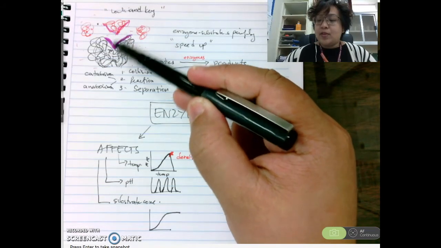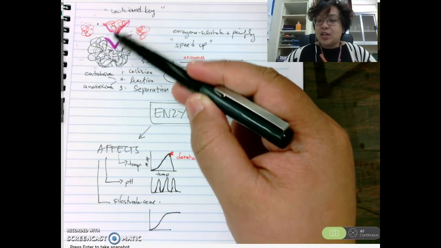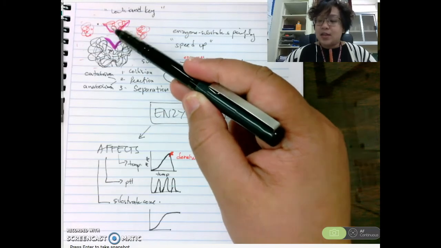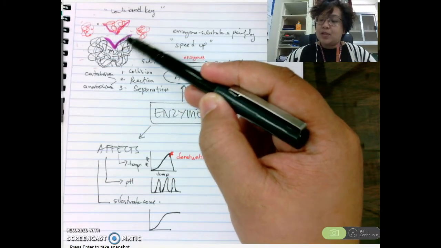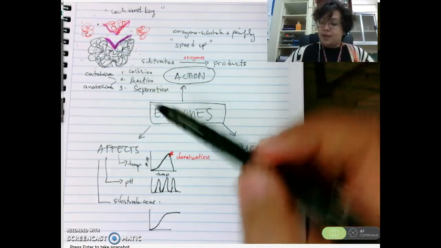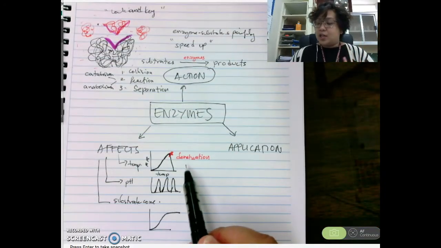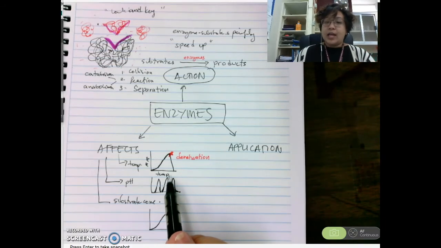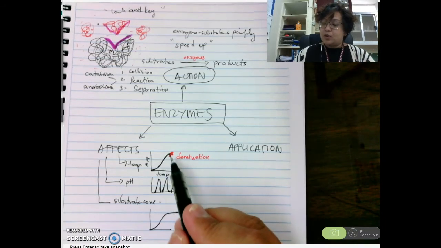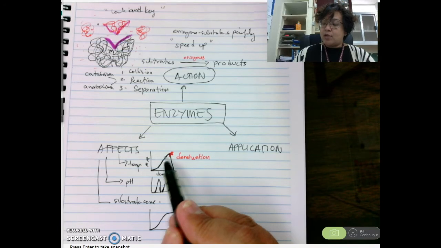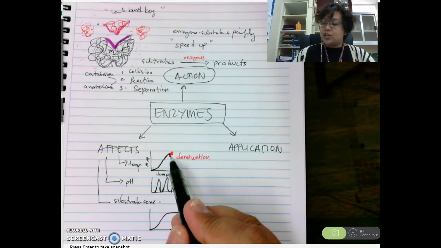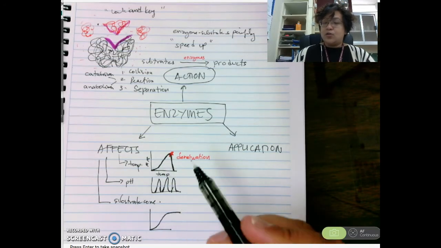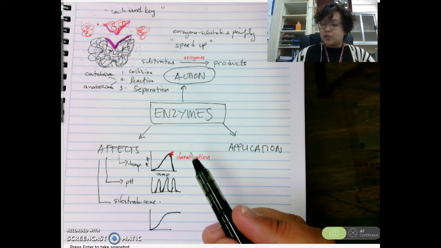Then even with sufficient collision, it's not going to be able to bind, since this shape is not complementary to the shape of the active site because of denaturation of your enzyme due to high temperature. So this is high temperature, enzymes don't work anymore, your rate of reaction suddenly decreases, so no more chemical reaction.